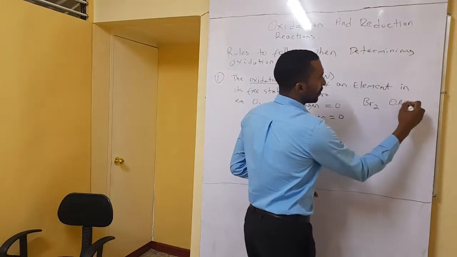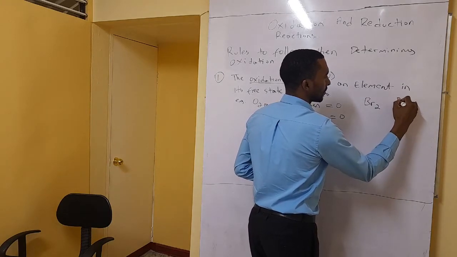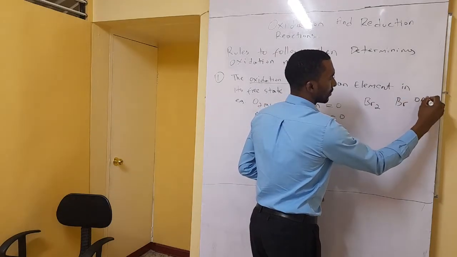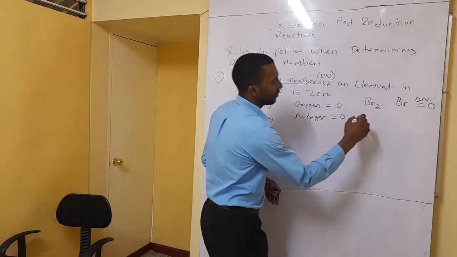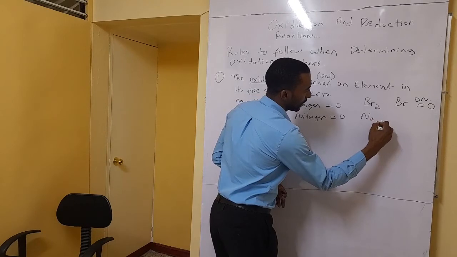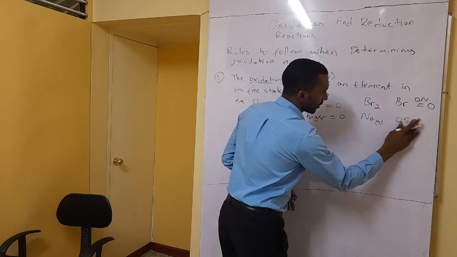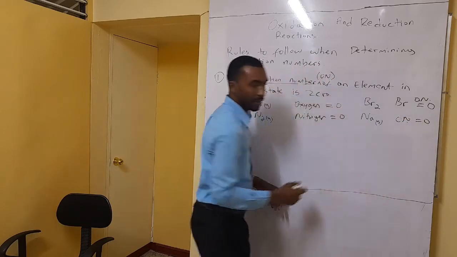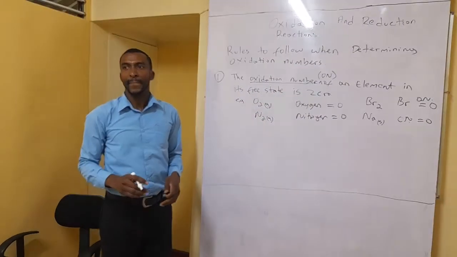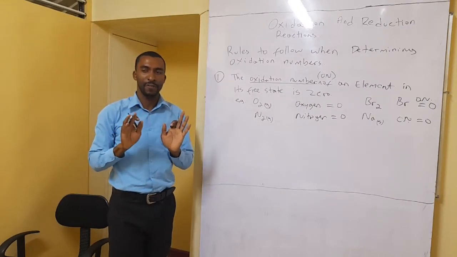So the ON for bromine, Br2, is 0, alright? And if you have other metals, like if it's sodium, solid metal, oxidation state or number is 0. Following? The elements in their free state, so how they exist in nature in their pure form, is 0.